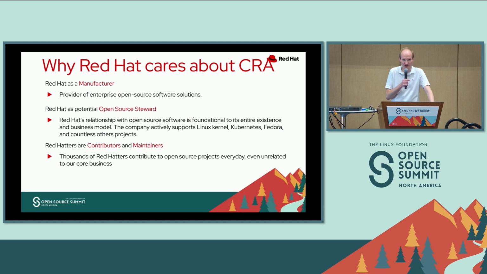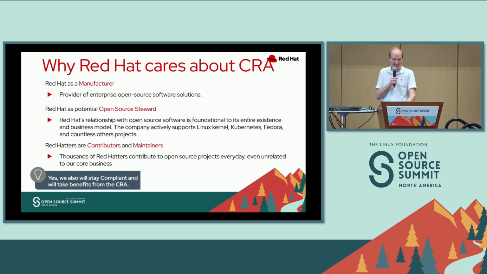We are a potential open source steward, especially for those important projects that we are fostering and helping to maintain and grow. And tons of Red Hatters are contributors and maintainers to an enormous amount of open source projects, right? So we're in the middle of the storm here anyway. And yes, we will stay compliant, and we will also take benefits from the CRA.